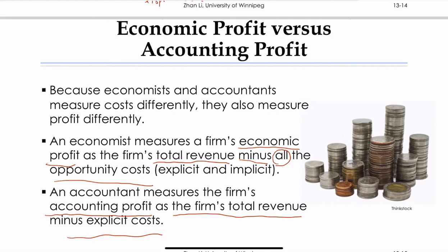And an accountant's purpose is to record the flow of money in the firm. So the accountant will only care about total revenue and explicit costs, right? Because implicit costs don't have a money trail.